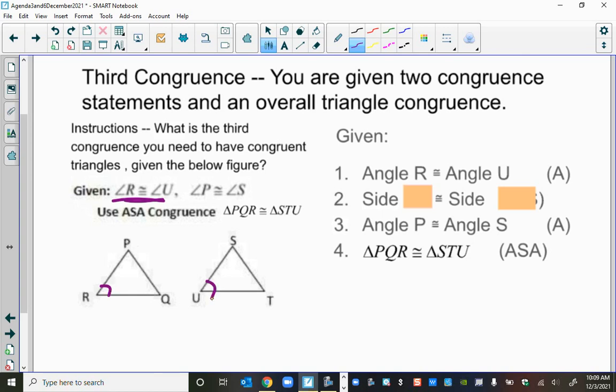Then they told us angle P is congruent to angle S. So they gave us an angle and an angle. They want us to get an angle side angle. So in order to get the angle side angle, what side do we have to say from RP?